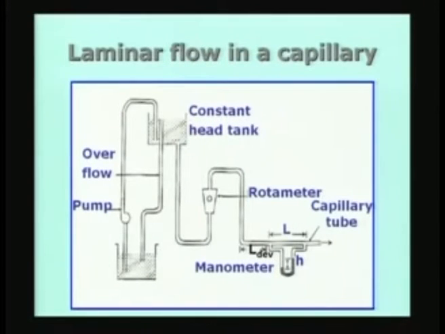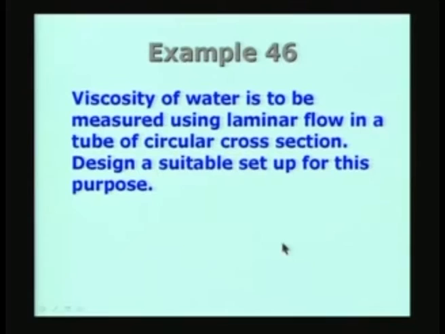Let us take a simple example, and through this example I am going to indicate how one goes about making the measurement of viscosity using flow through a capillary tube. So, example 46 looks at the viscosity of water to be measured using laminar flow in a tube of circular cross section.